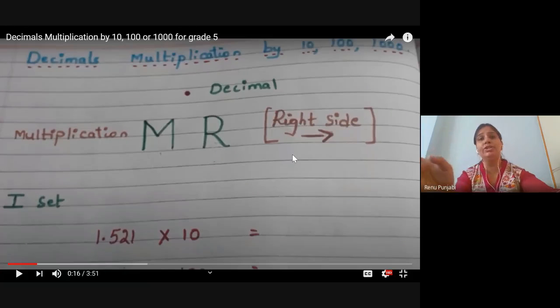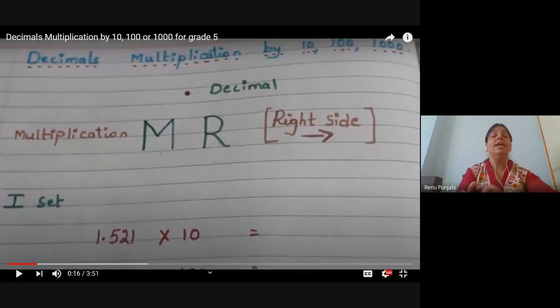Now it will shift to the right, but how much it shifts depends on whether the number is multiplying by 10, 100 or 1000. On that basis the decimal point shifts to the right side. In multiplication the decimal point shifts to the right side, and in division it shifts to the left side. That we will learn in the next class.